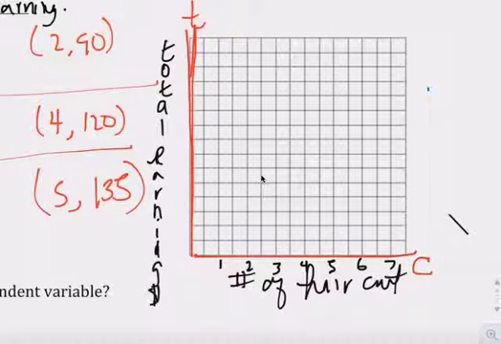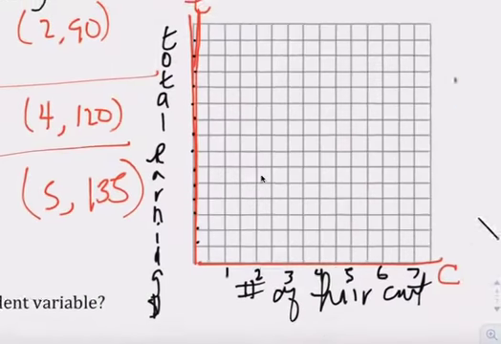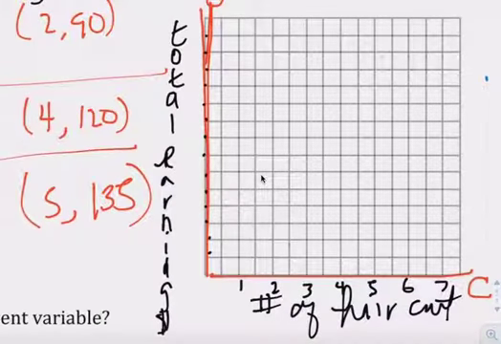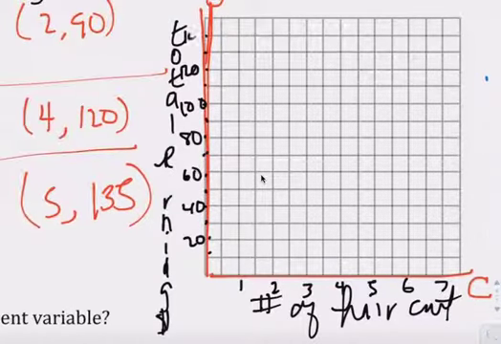And we count by 10. 10, 20, 30, 40, 50, 60, 70, 80, 90, 100. Yeah, it goes by 10. 135 is my highest, so I go by 10: 10, 20, 30, 40, 50, 60, 70, 80, 90, 100, 110, 120, 130, 140, right there.